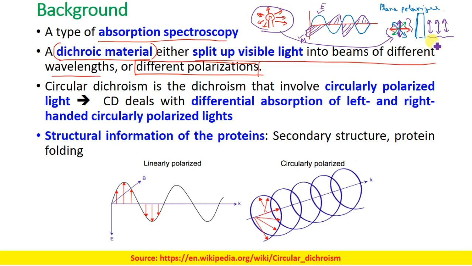Okay, plane polarized light. So it is basically a linearly polarized light. Now if you look, it has an electrical field and a magnetic field, and then we get this wave pattern. Here we are not talking about the magnetic field as such.